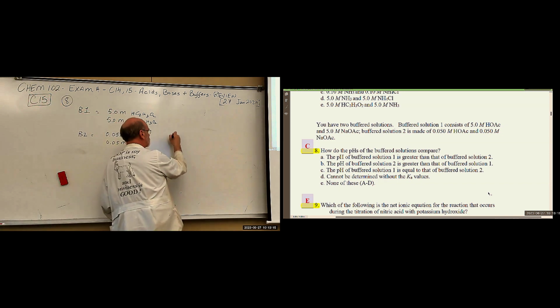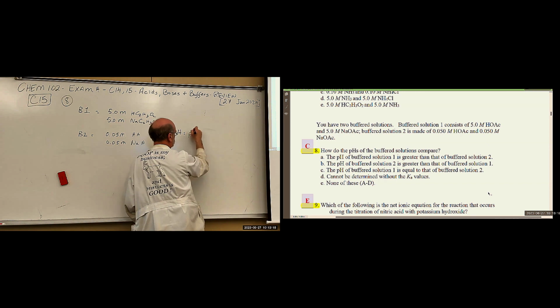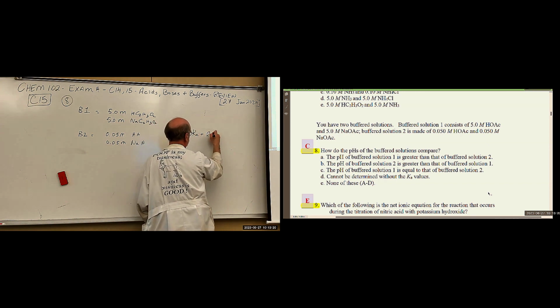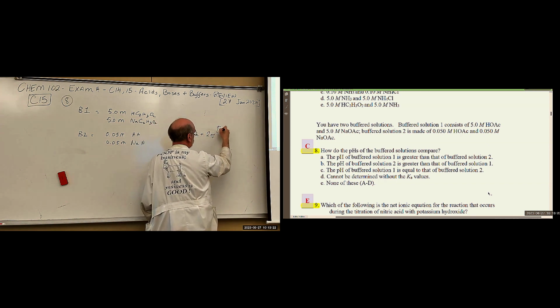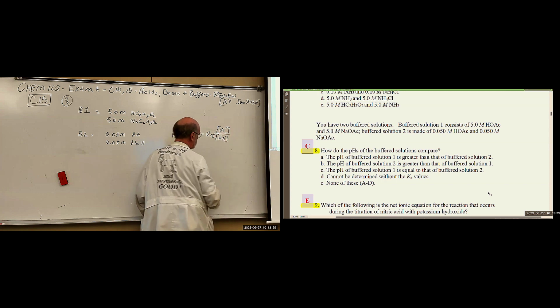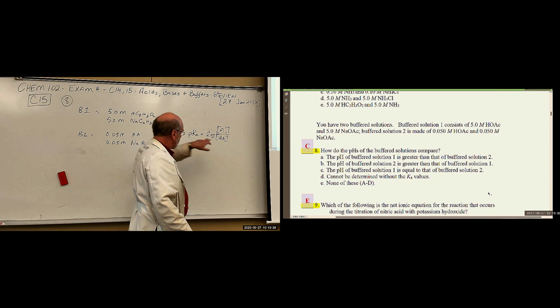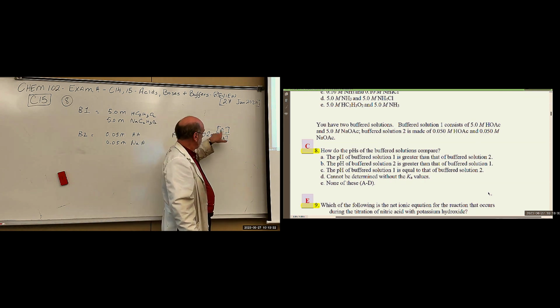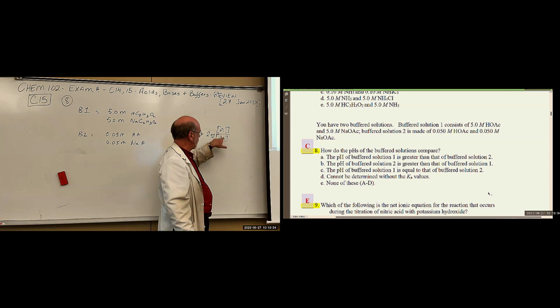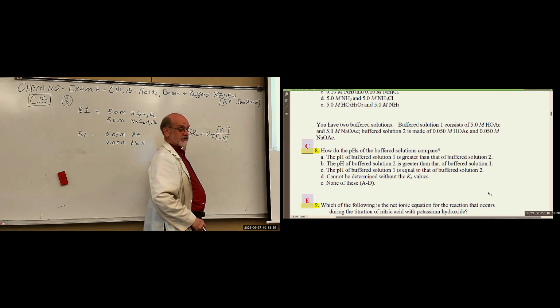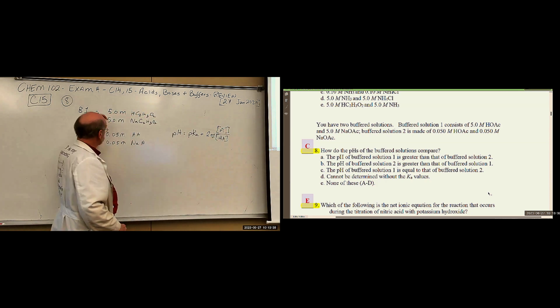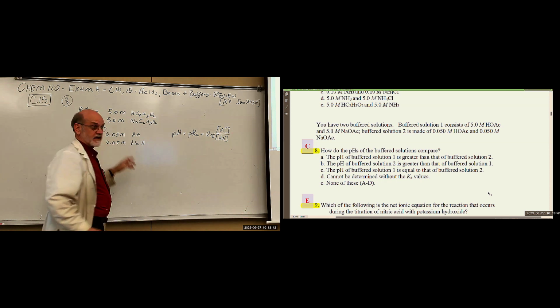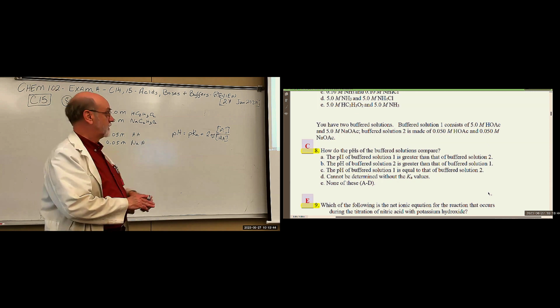Well, if we look at Henderson-Hasselbalch in generic terms, as long as the pKa is a constant, so as long as the ratio of this one to that one is the same, you'll have the same pH. So the ratio here is 1, the ratio here is 1. These 2 will have the exact same pH.